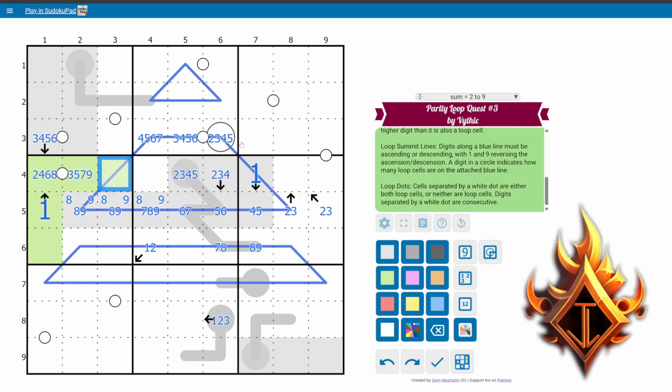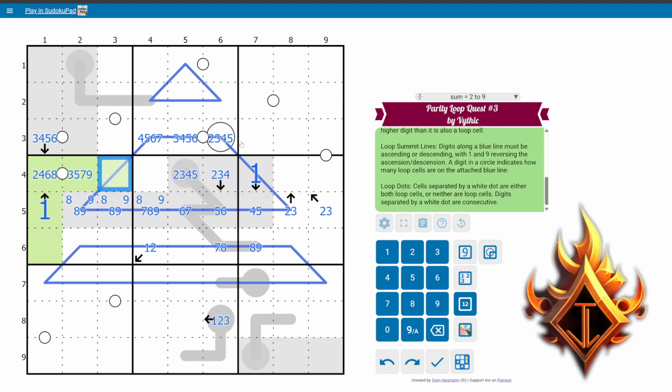This cannot be 8, because then that would be 9, and then that would be 7, because 8 would be right there. And then that could not go back up to 8. So this has a maximum of 7 as well.